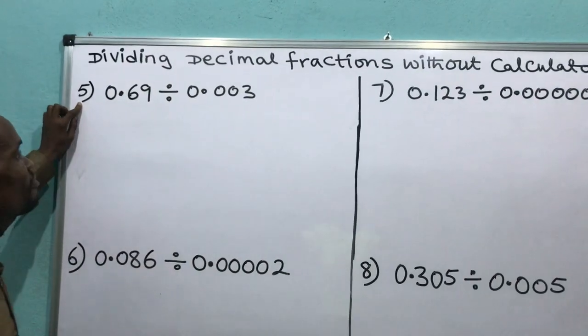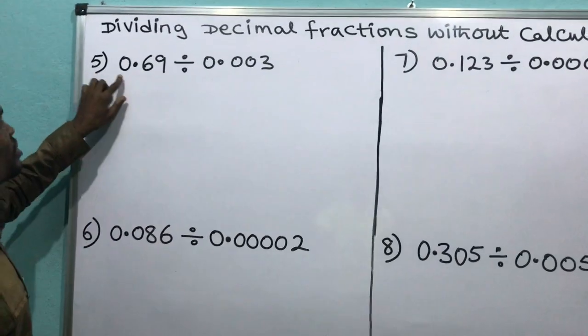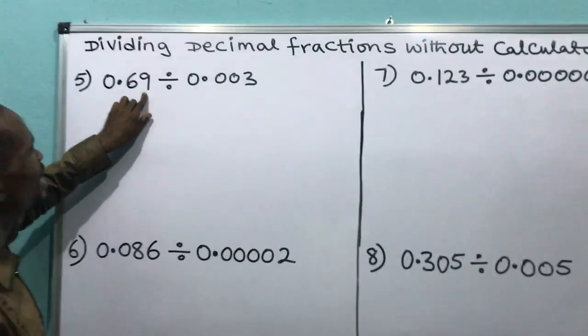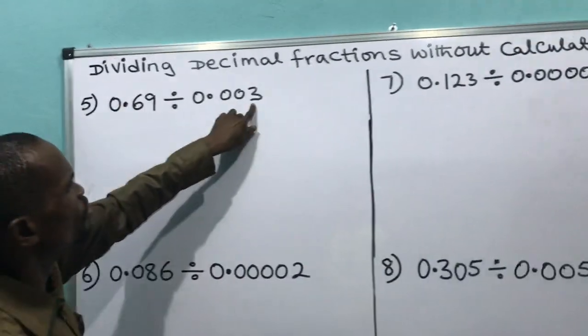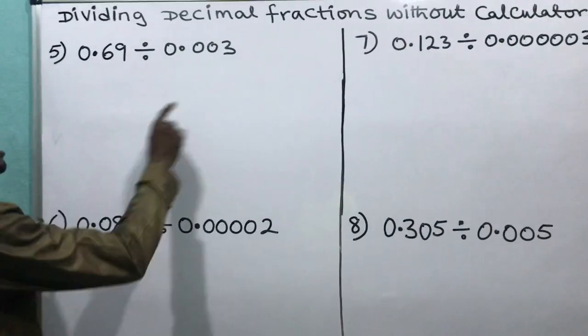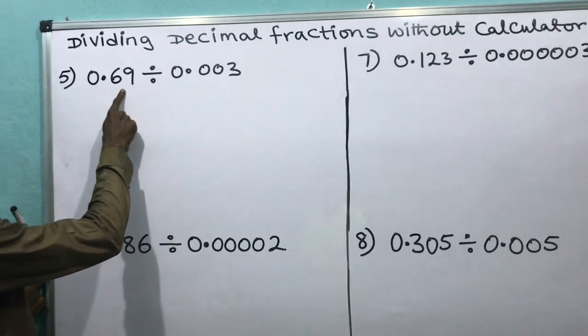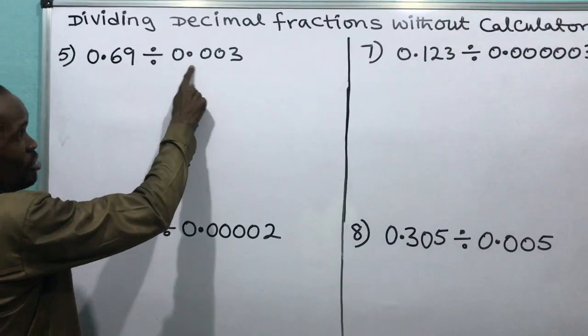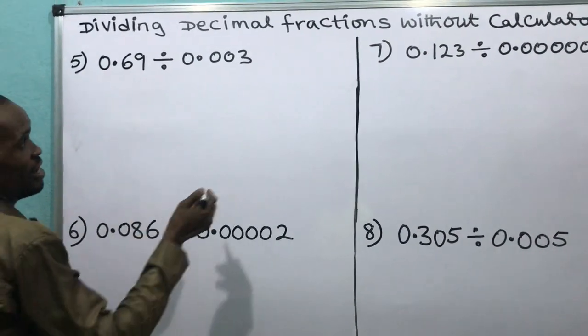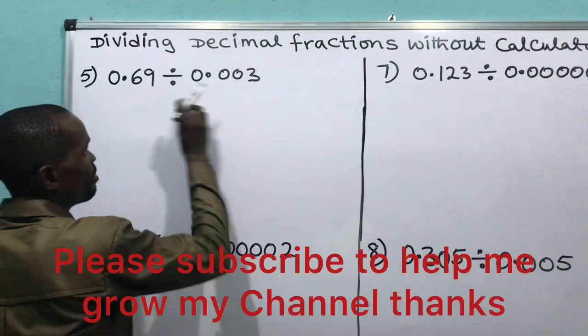Question number 5 said 0.69 divided by 0.003. For me to do this, I have to check the number of decimal places here and the number of decimal places on this value. I'm checking the number of decimal places on this one.